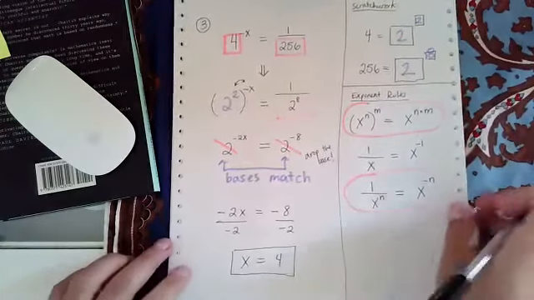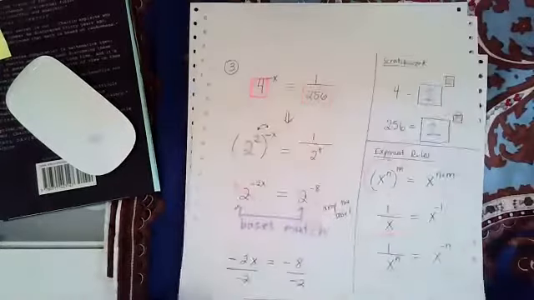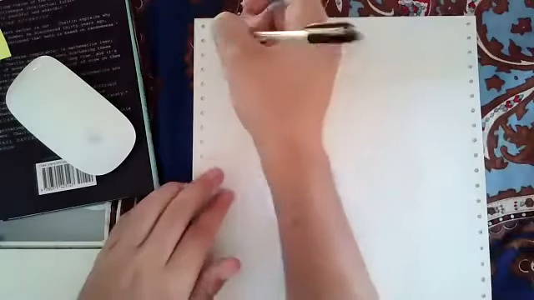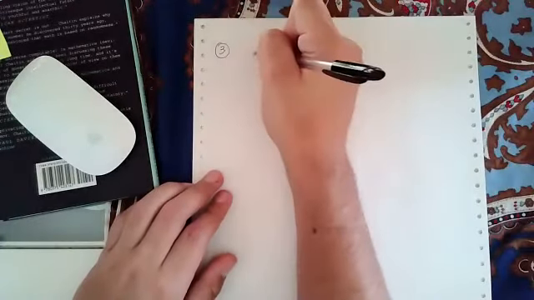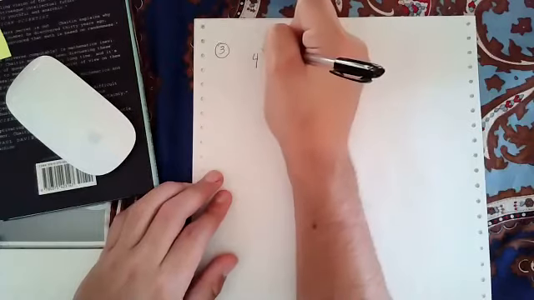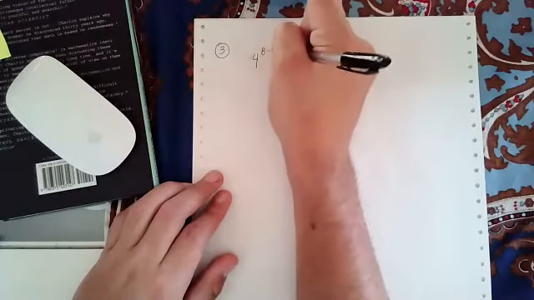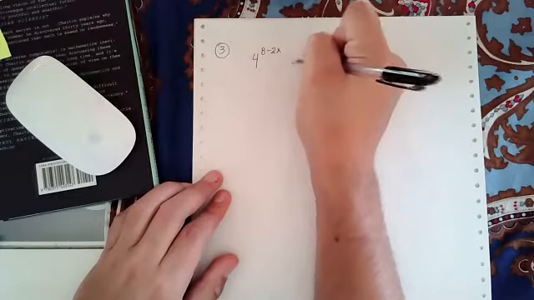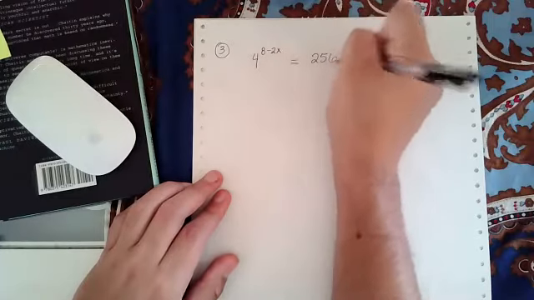Okay. So what I'm going to do is give you a problem, and I'm going to step back and give you guys 2 to 3 minutes to try to solve that. So try to solve this one on your own: 4 raised to the 8 minus 2x is equal to 256.